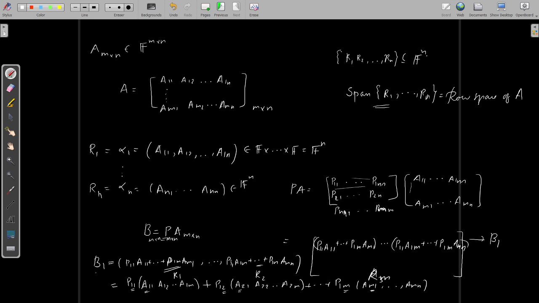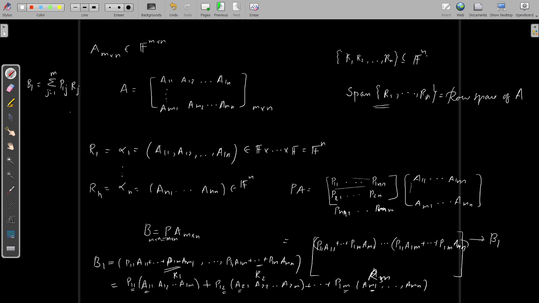That means the first row of the product matrix PA, the matrix B, is a linear combination of the rows of A. Similarly you can consider B2, B3 and so on. So B1 can be written as the sum over j from 1 to m of P1j Rj.